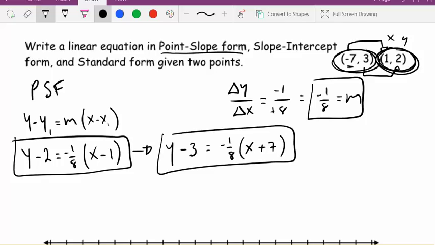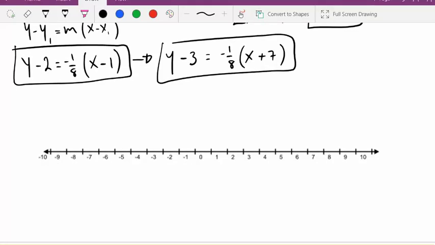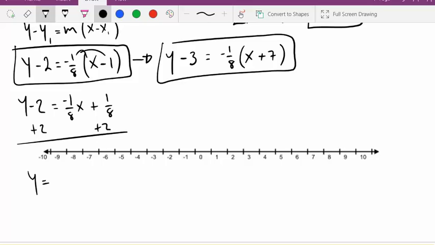Slope-intercept form. So let's just practice going from point-slope form into slope-intercept form. So what am I going to need to do? Let's distribute. So we're going to say y minus 2 equals -1/8 x plus 1/8, and now we're going to add 2 and add 2, and we get y equals -1/8 x plus, and now 1/8 and 2 is how many eighths?